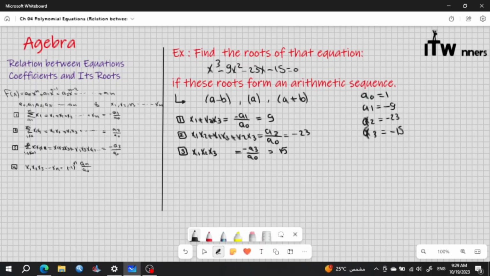Okay, so let's start based on these three relations and apply them to our roots.